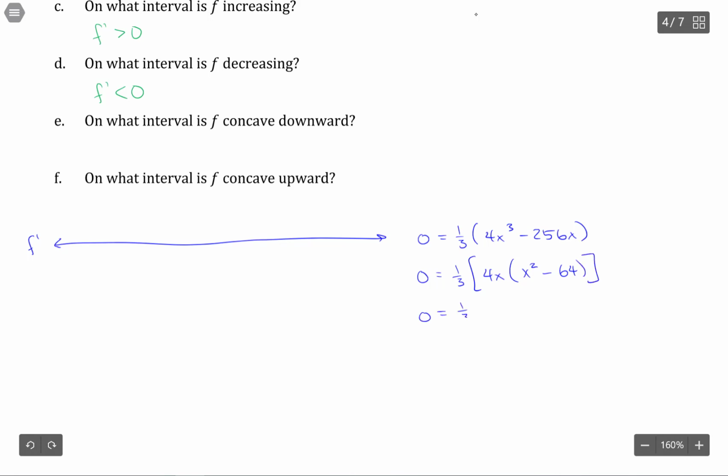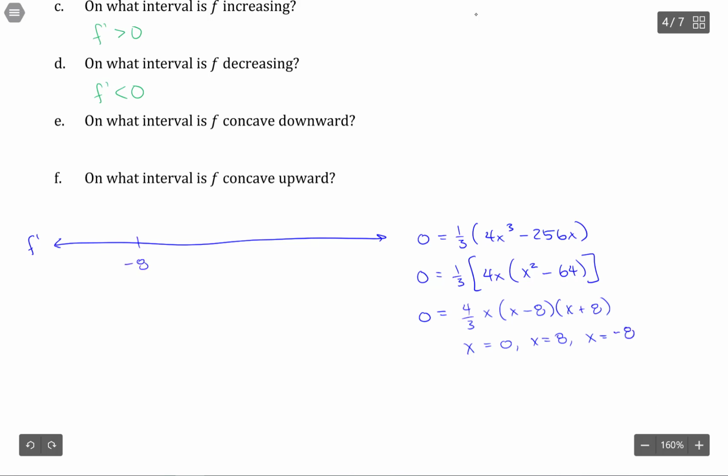Then I can get rid of these brackets and just say this is 4/3 times x times, this is the difference of squares, so it would be x minus 8 times x plus 8. So I have zeros at 0 itself, positive 8, and negative 8.